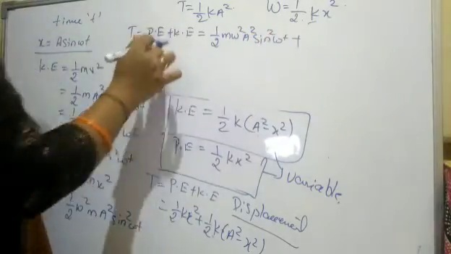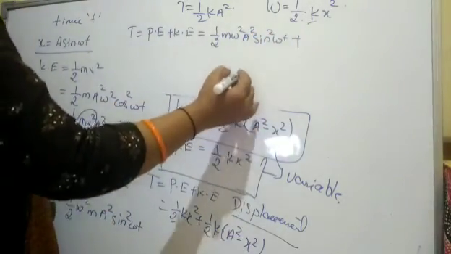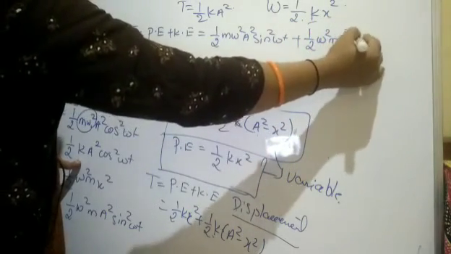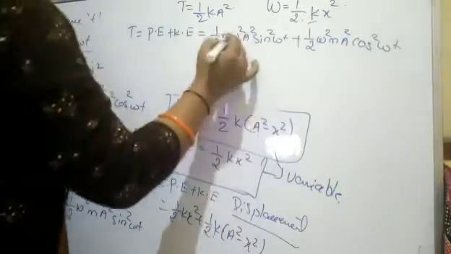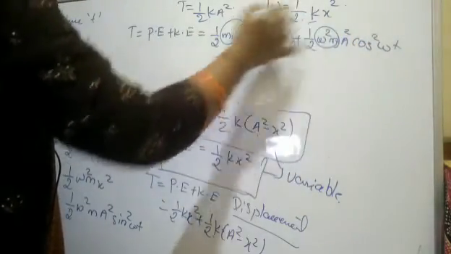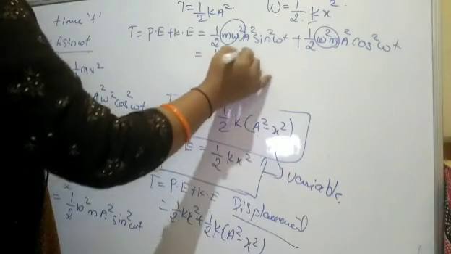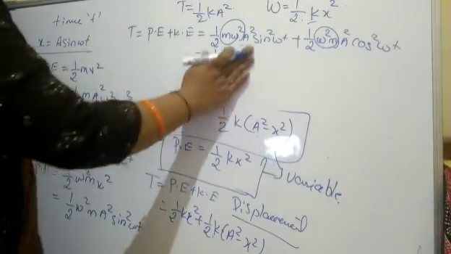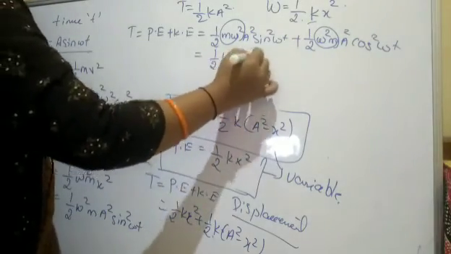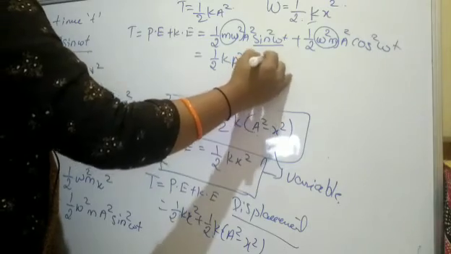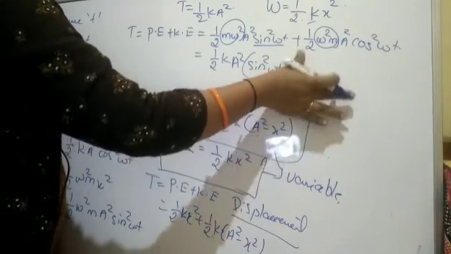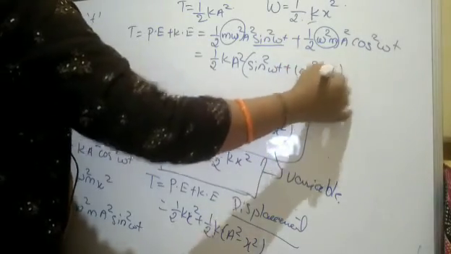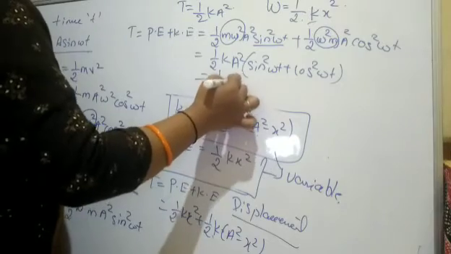Kinetic energy we got here, directly I will write it here, 1 by 2 omega square m of a square cos square omega t. So this I will write as k here. That means 1 by 2 k is common, right? Then a square is also common here. Sine square omega t plus cos square omega t. So this is 1, remaining with 1 by 2 k a square.